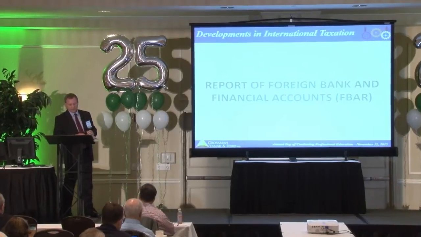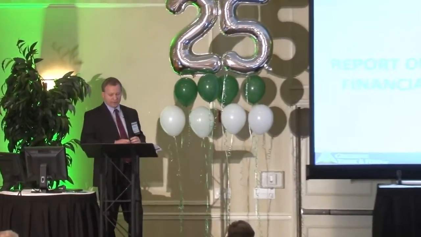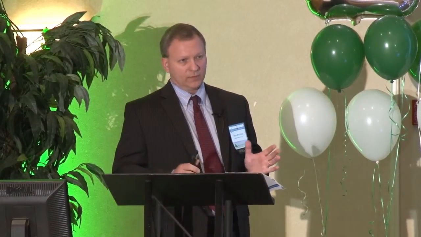About 10 years ago, they got pretty aggravated and really went after this with what's called the Report of Foreign Bank and Financial Accounts, or what you may be familiar with as FBARs. It's their effort to try to capture this worldwide income and make sure everyone's reporting it on their tax return, and they want to be aware of what foreign accounts everybody has.